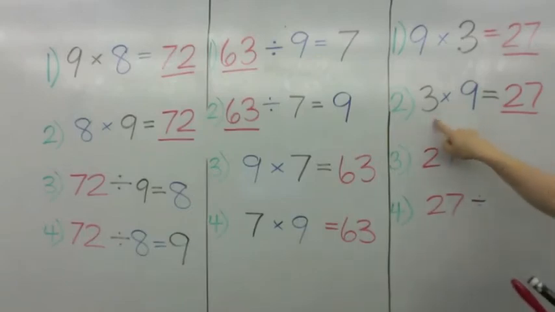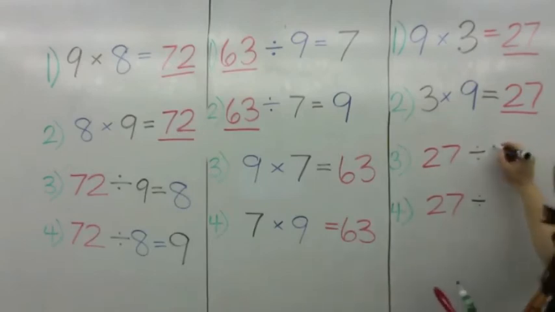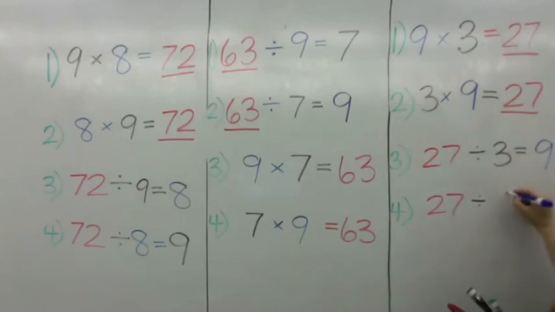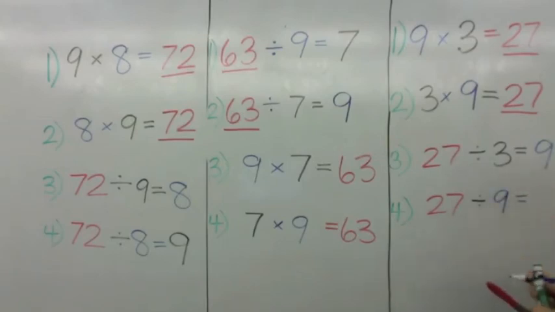Why don't we pick 3 first? Well, what is 27 divided by 3? You've used 27 and you've used 3. What's left? 9. Okay? And in the last problem, you have 27 divided by, now we can flip these numbers, divided by 9 equals 3. Okay, go ahead and get that down.